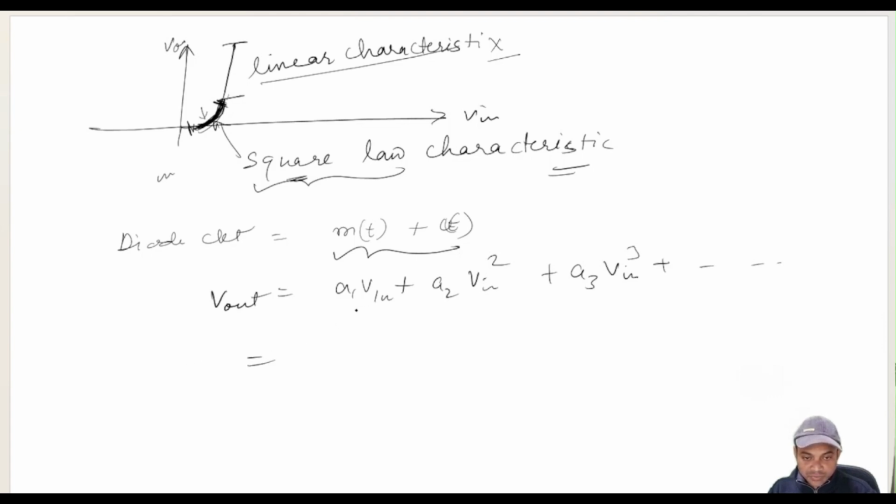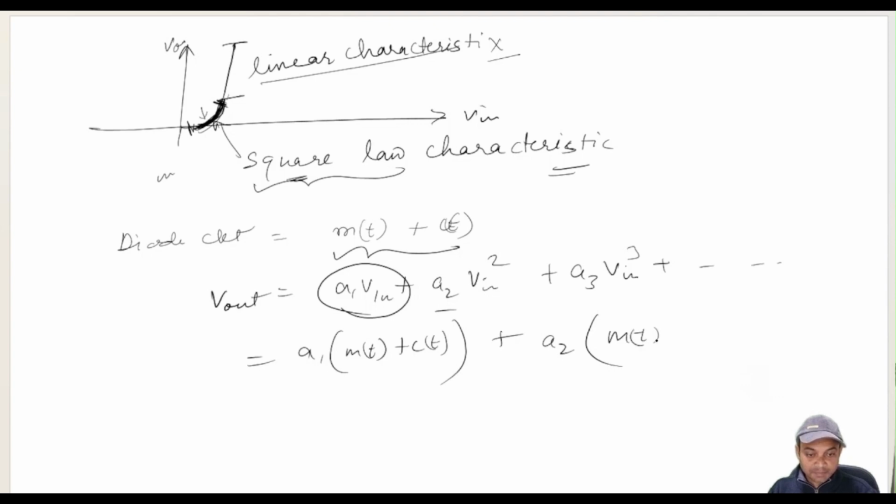It means first we can write A1 into (m(t) plus c(t)), second, A2, a constant, into (m(t) plus c(t)) whole squared, plus A3 (m(t) plus c(t)) whole cubed, and so on.